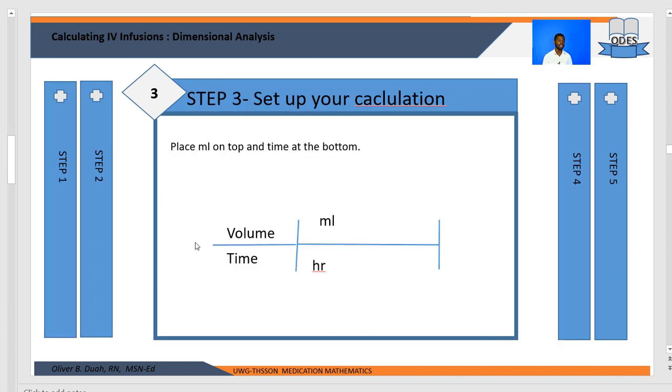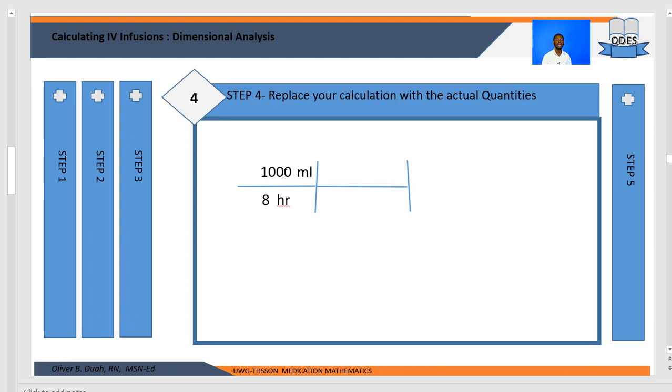So when we set up our track line for our dimensional analysis, we have to make sure that ml is on top and HR, which is hour, is at the bottom because that's the final units that we want. Okay, so we have 1000 ml on top and then 8 hours below.